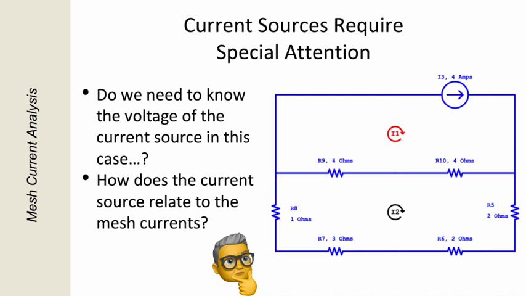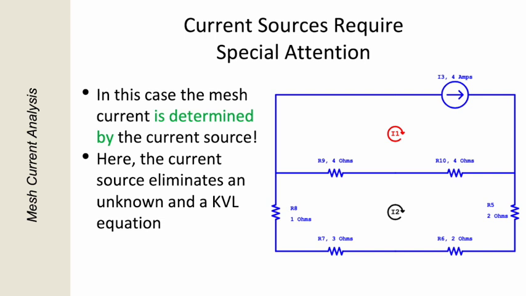How does the current source relate to the mesh currents? Okay, in this case, the mesh current I1 is determined by the current source. That's because mesh current I1 is defined to flow in a clockwise direction around this upper mesh. That includes this top piece here with this wire and the current source.